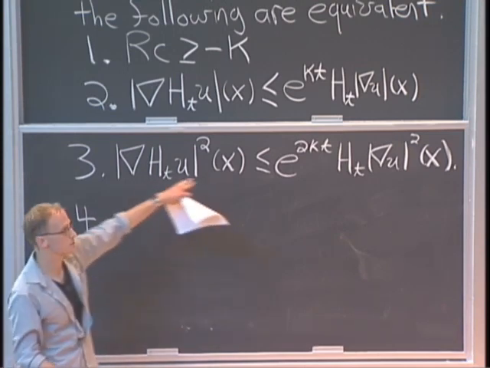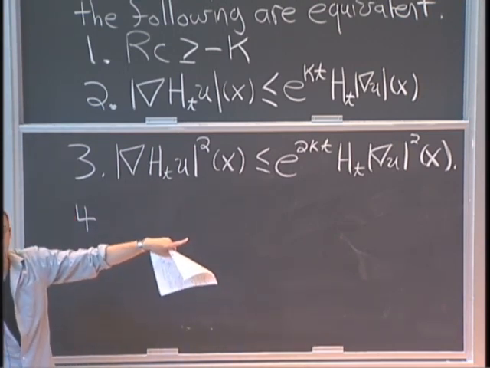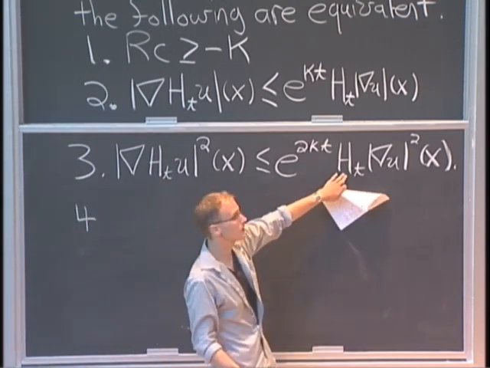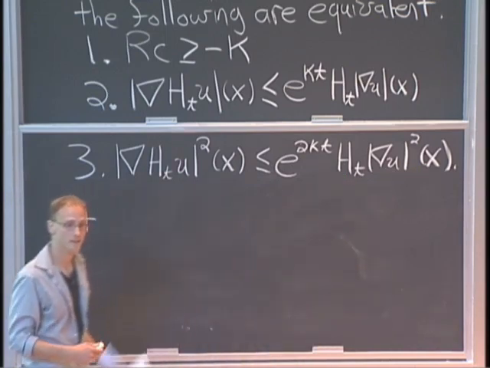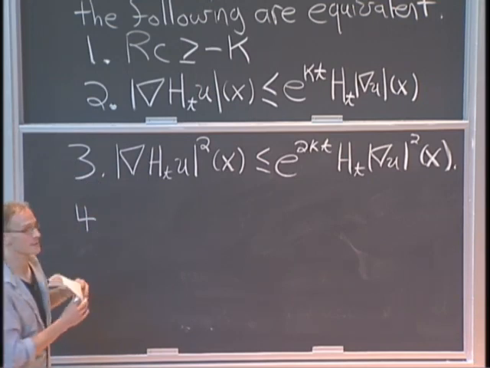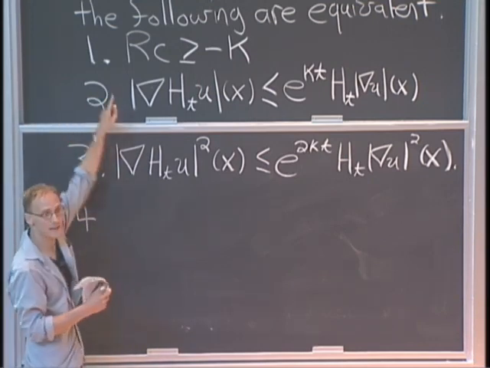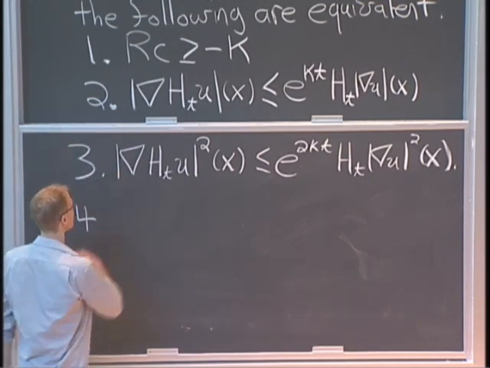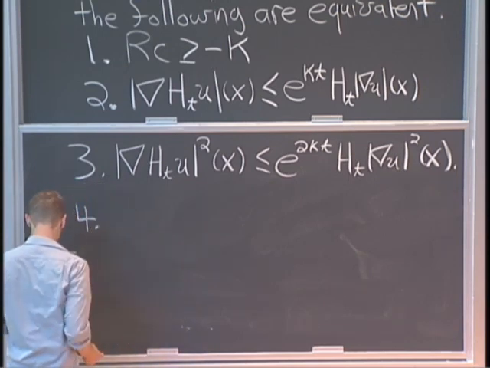Square both sides and just do some trickery with the fact that this is coming from a measure. Right? So you've got to use it. This is a heat kernel. Right? And then you can pull the squared inside. But the fact that 3 implies 2 is less obvious without actually going all the way around, though, and getting back to the Ricci curvature condition.